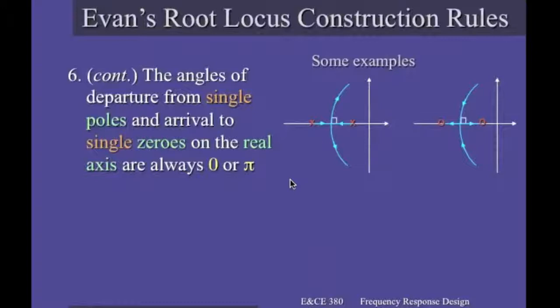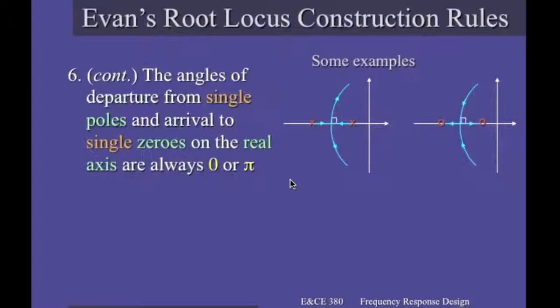Similarly, the angle that the trajectory leaving from the leftmost pole has to show with respect to the positive direction of the real axis must necessarily be 0, because such a trajectory is obliged to move on the real axis.